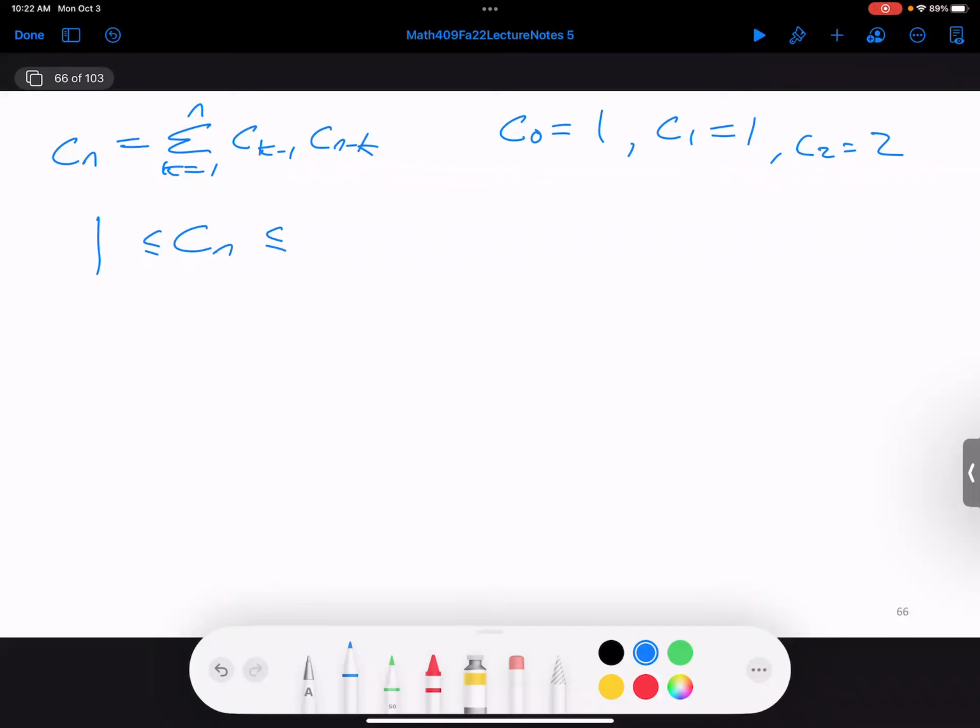What about an upper bound? 2n choose n, right? Because we have n right, n up. The answer turns out to be C_n is 1 over n plus 1, times 2n choose n.